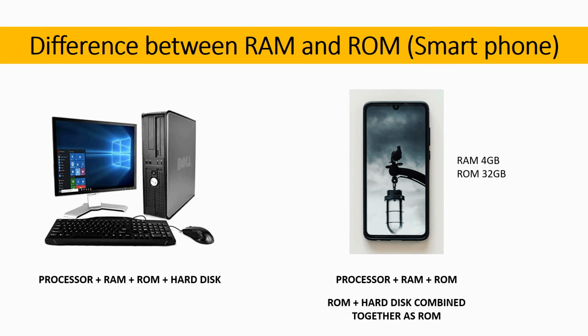So this is the difference between a desktop and your smartphone as far as RAM and ROM are concerned. I hope this entire tutorial is now very clear to you, and if anybody asks you what exactly is the difference between a RAM and a ROM, I hope you can immediately answer it.